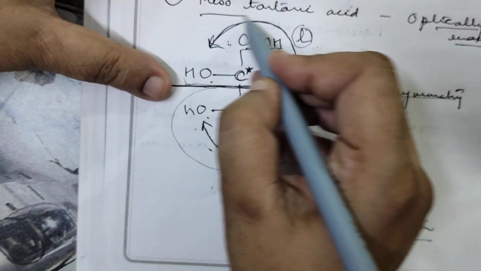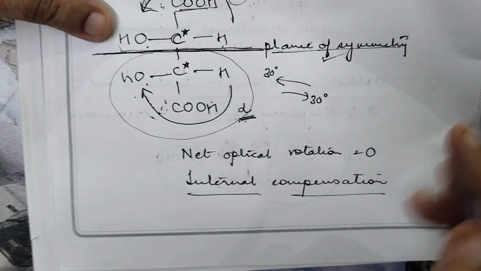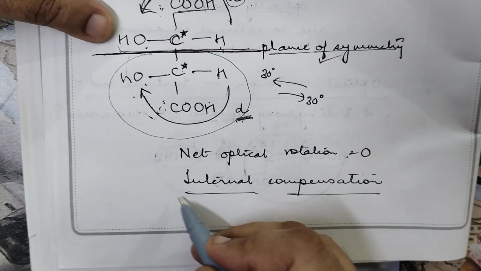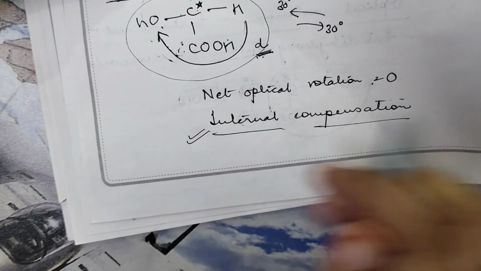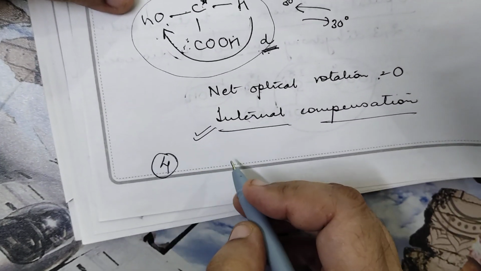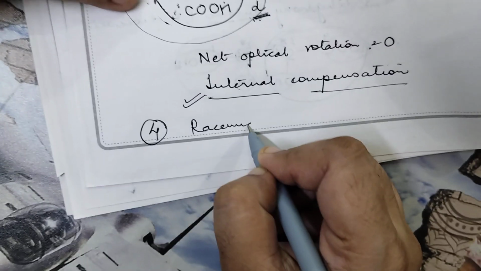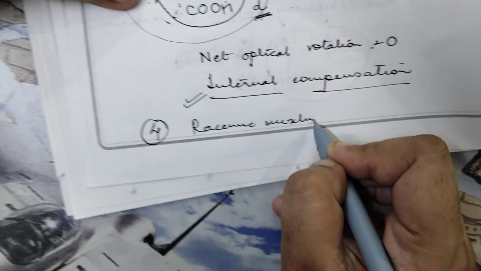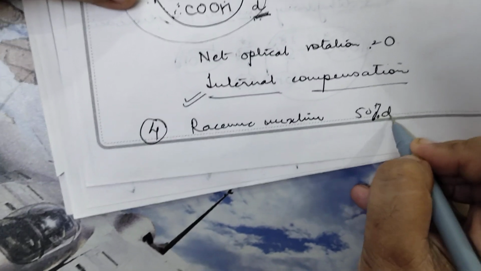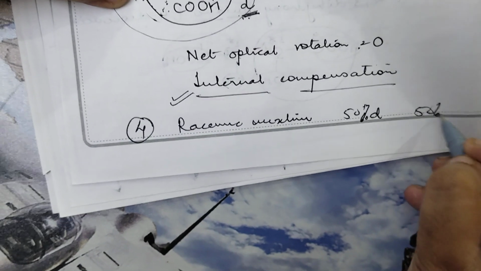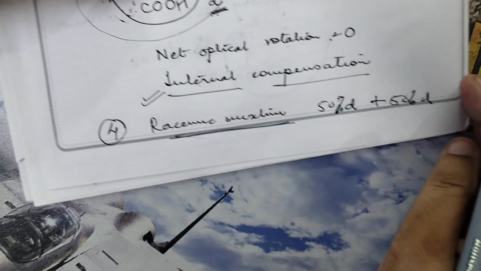So mesotartaric acid is optically inactive, that is the net optical rotation is 0, and the reason is internal compensation. And the fourth form may be racemic mixture, and racemic mixture we know is 50% D-tartaric acid and 50% L-tartaric acid. This mixture is called racemic mixture.